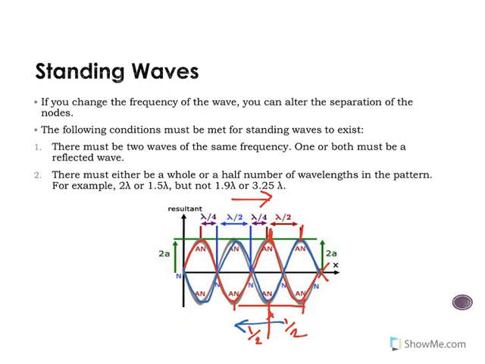If they ask you for the distance between your node and your antinode, it's going to be your wavelength divided by 4, because if you were to cut this again, it would end up being 1/4, 1/4, 1/4, and 1/4, which would equal your 1 wavelength. And these two halves added together would also equal 1 wavelength. So that's where those numbers come from.